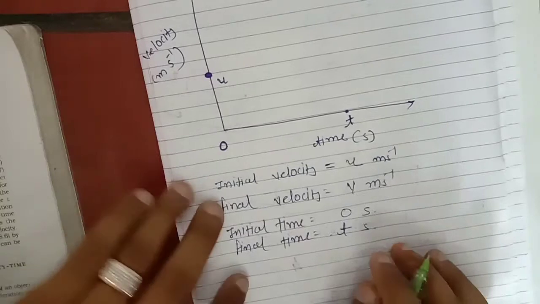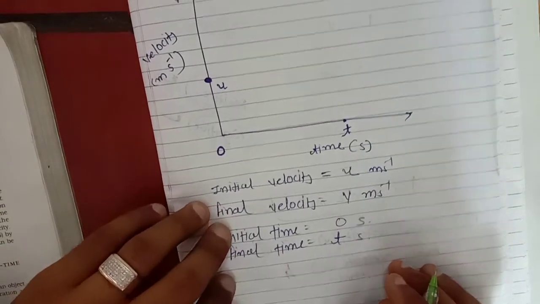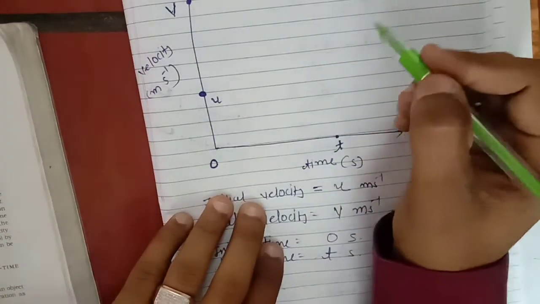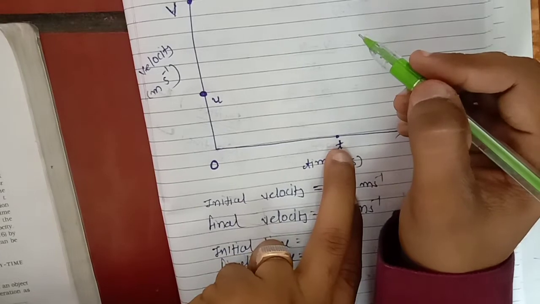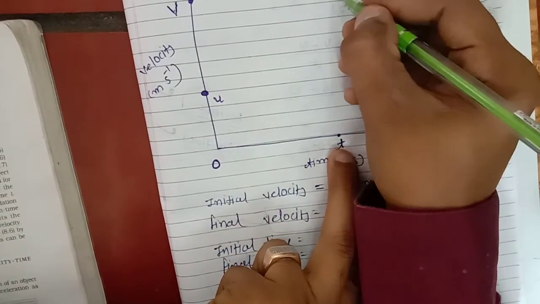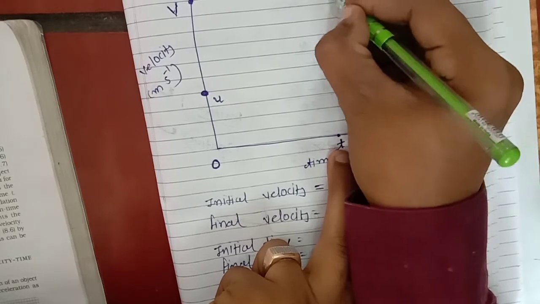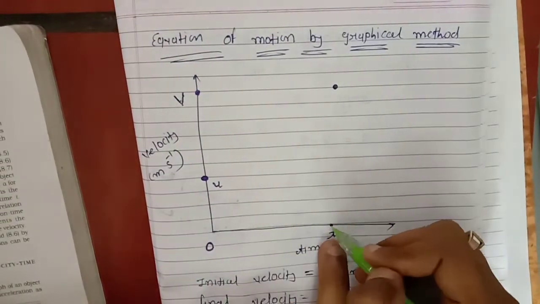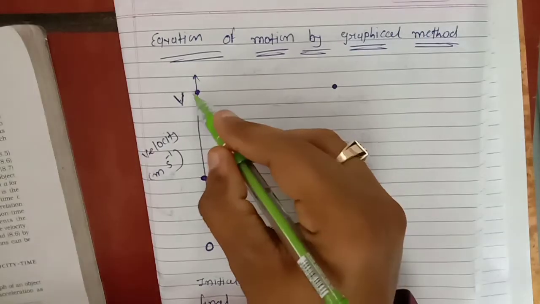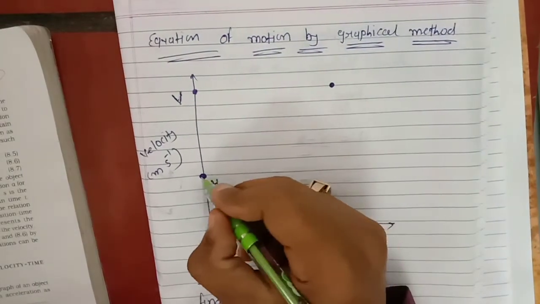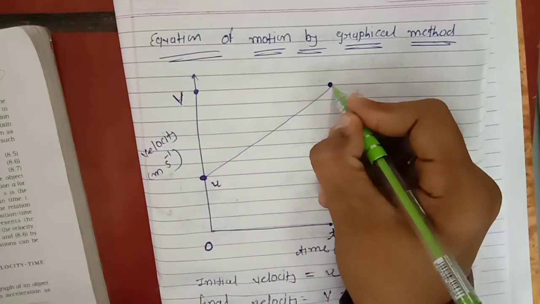t second. I plot a graph for the final velocity and final time. It means at time t, the speed of the object is V. So I plot a point here and join this line.